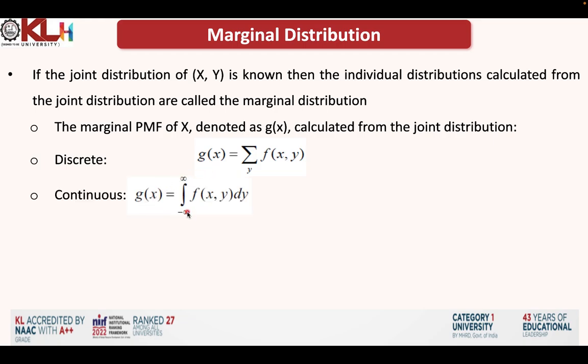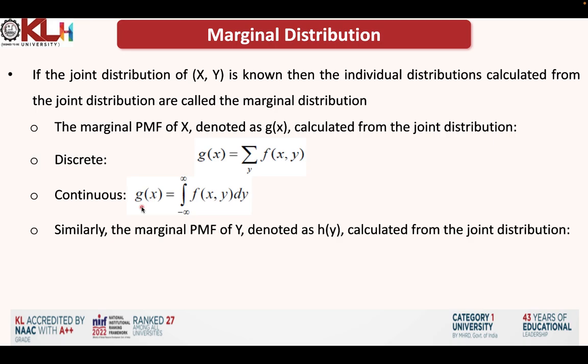Similarly, for the continuous case, we integrate over all values of y to get the PDF of x from the joint PDF. We can extend the same formula if we need to calculate the marginal distribution of y instead of x. We represent that as h of y.